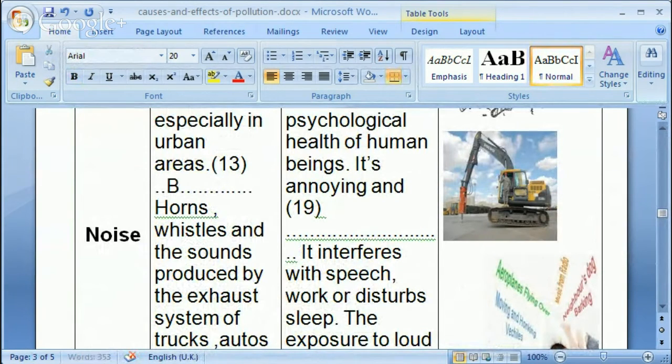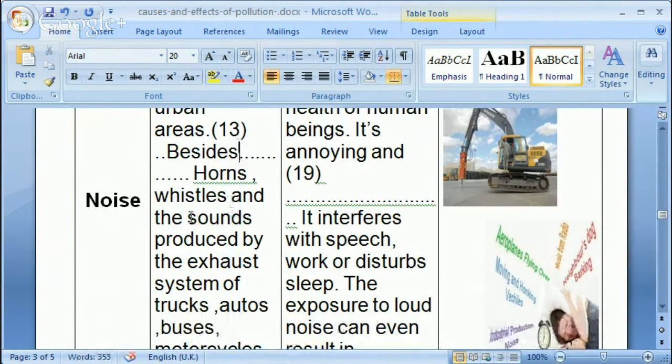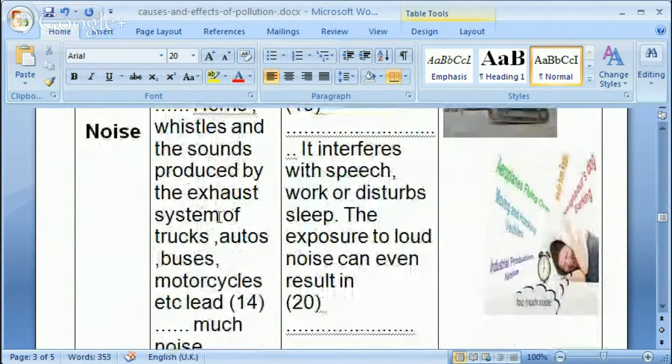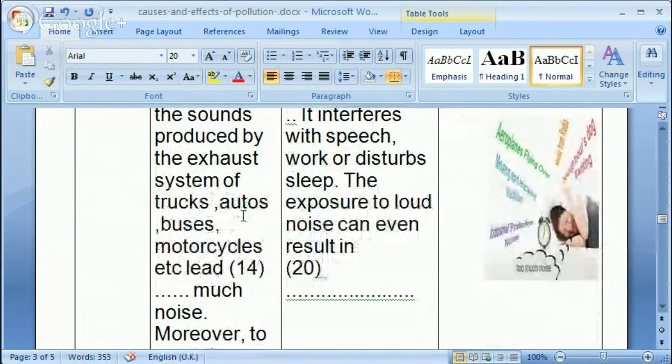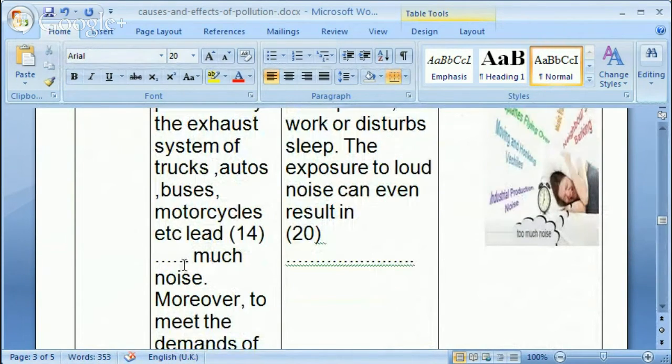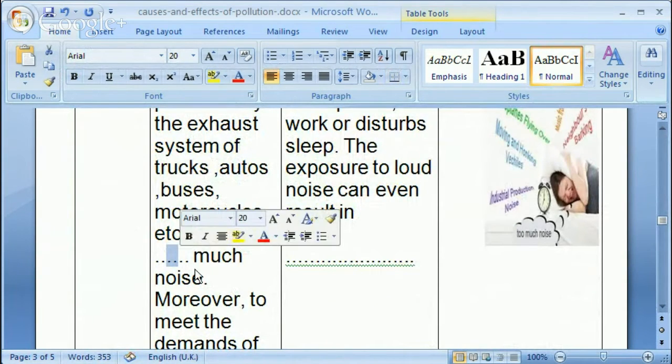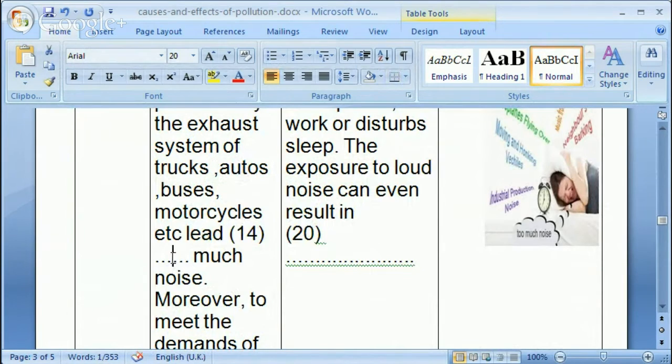And if we look at the sentence with besides horns, whistles, and the sounds produced by the exhaust system of trucks, autos, buses, motorcycles, etc. lead. Again, nothing can go here except a preposition. This is clearly going to be, remember, to.